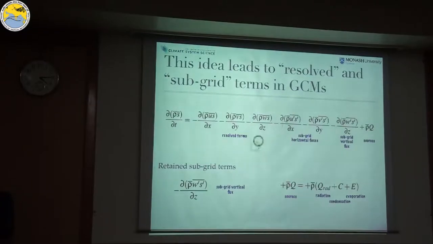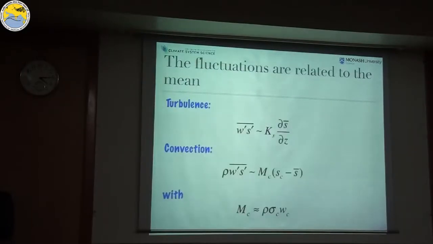And we saw that actually that has horizontal fluxes, which are neglected in all models. They have subgrid vertical fluxes, which is something we spend a lot of time on. And we have source terms, which is also something we spend significant time on talking about. So the parameterization task then is to describe the subgrid vertical fluxes and the source terms according to the processes that we want to describe. In our case, we were worrying about convection, of course.